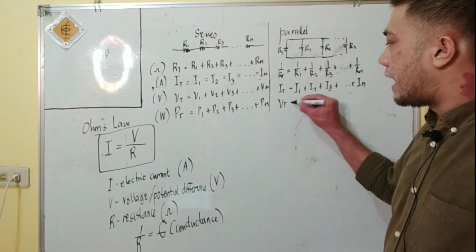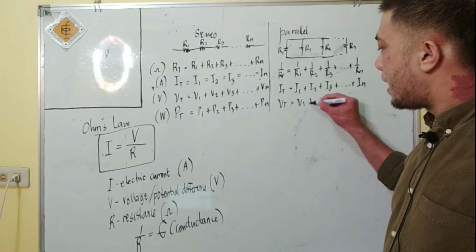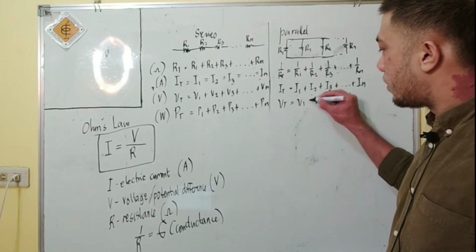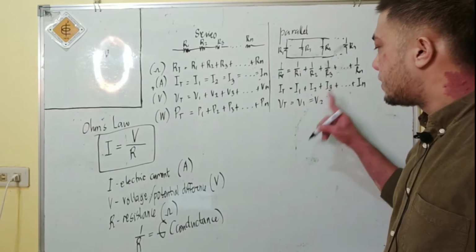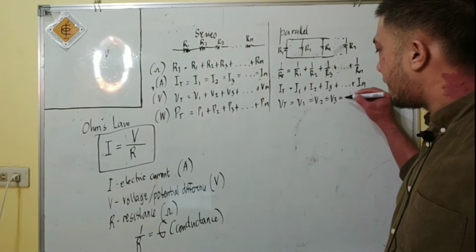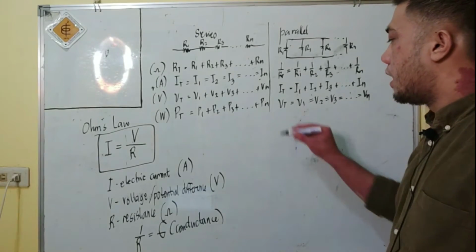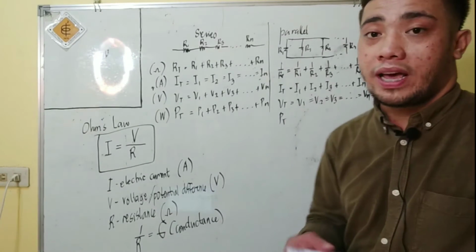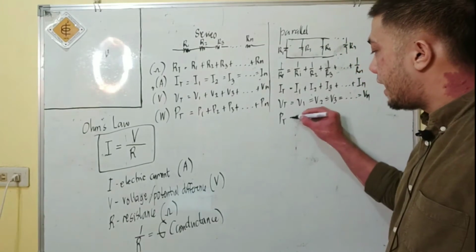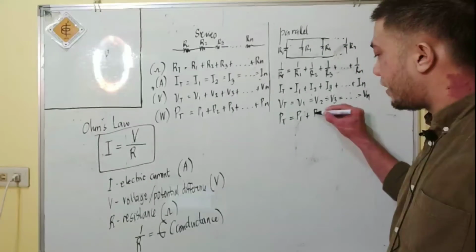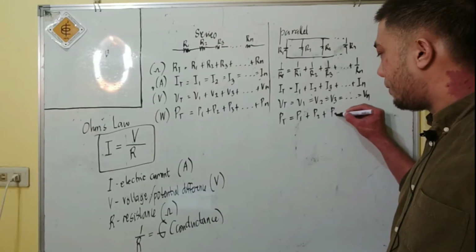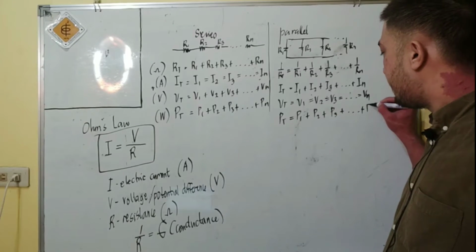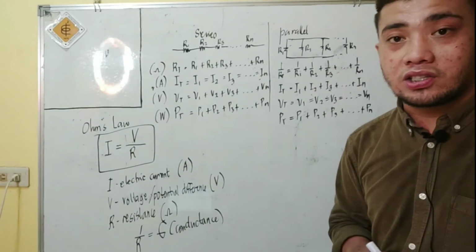And for the V total, they are the same: Vt is equal to V1, is equal to V2, is equal to V3, and so on. And for the total power, as I said earlier, P total is just additive of the individual power of each resistor.